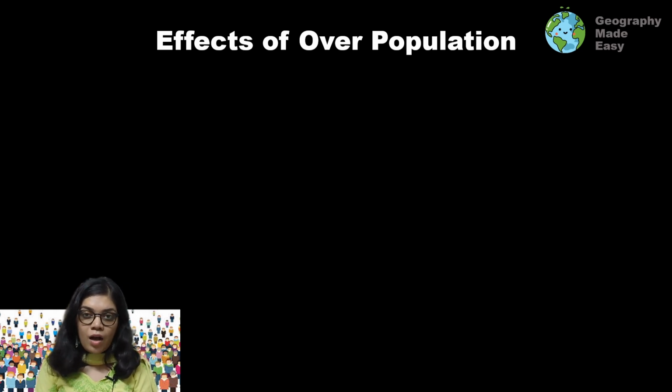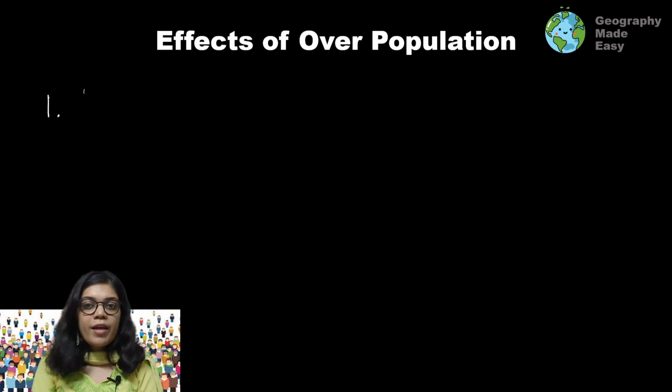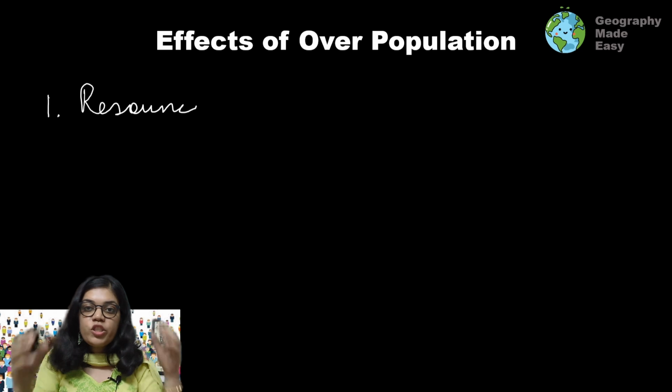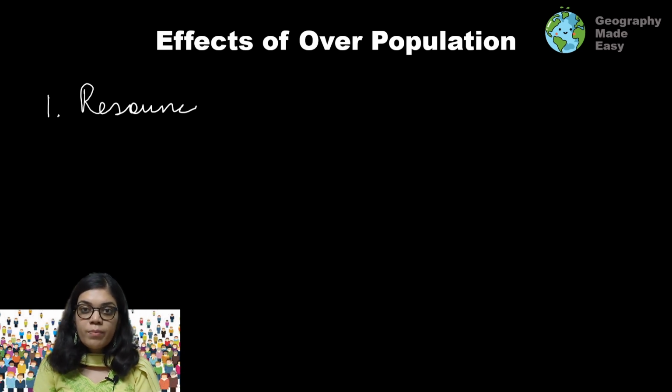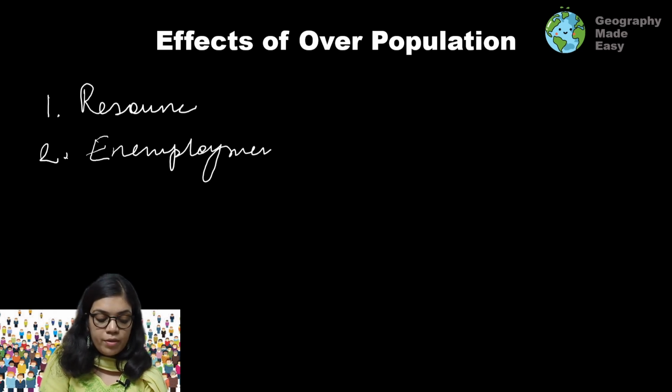So what are the effects of overpopulation? Some of the effects are that the resources have to be shared amongst many people. So that is a big problem for any particular country. Then we see that not everybody is getting equal opportunity, which is actually leading to unemployment.